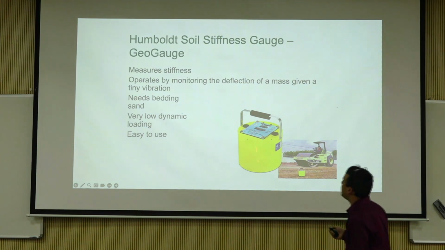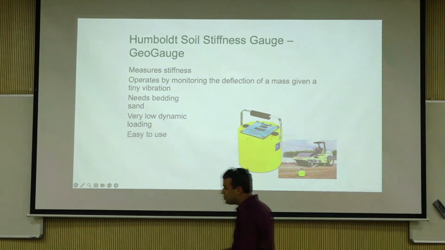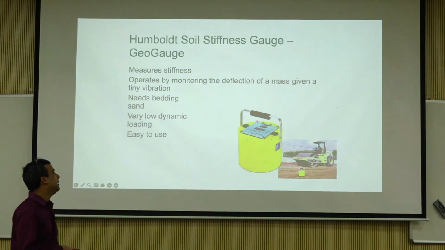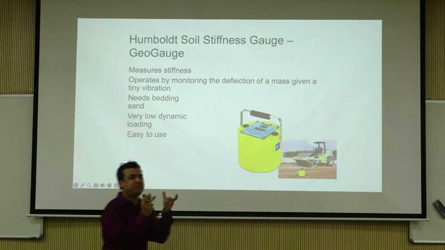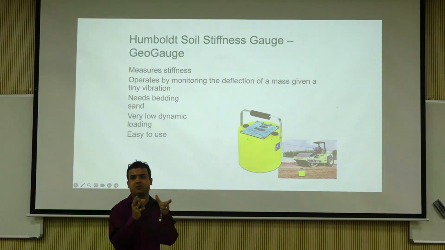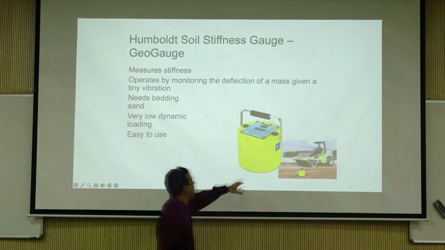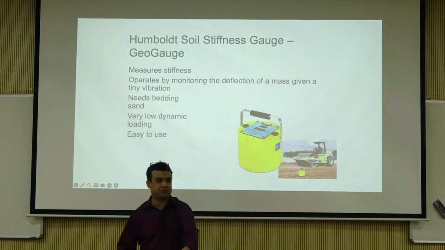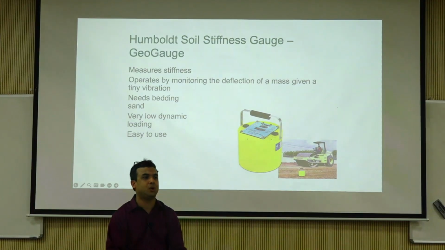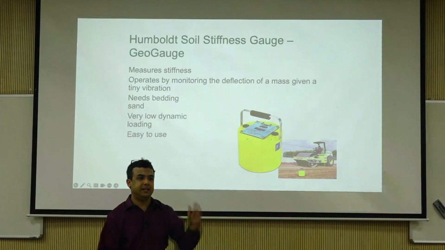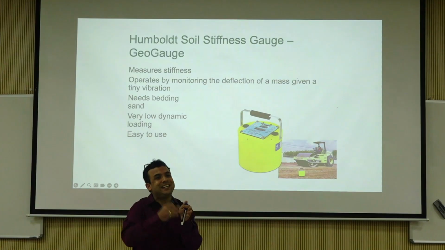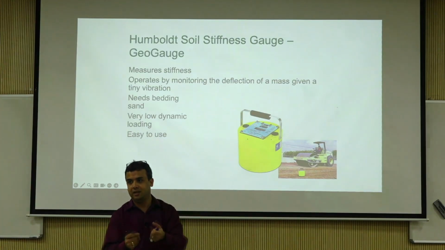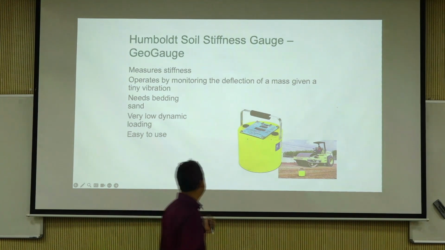Soil stiffness gauge, this is something that doesn't get used as much. I did it quite a bit in my PhD. It's a very small strain vibration that is induced. It's like a little suitcase kind of thing that you just carry, put it on the soil, ensure good contact, and then you turn it on, and it applies 20 different frequencies of vibrations and measures the deformation, and then presents something called a stiffness and a modulus.